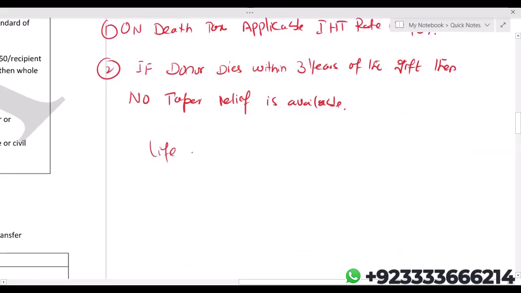Now, lifetime gift. But this time, let's say an individual has given a gift to the trust.